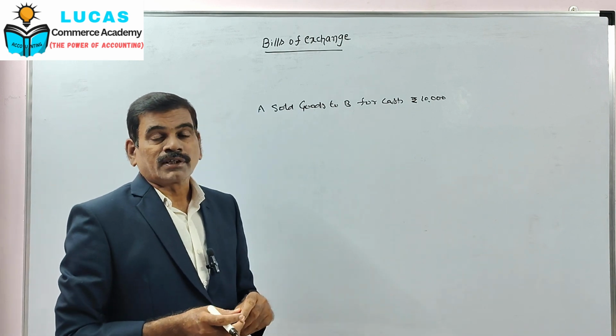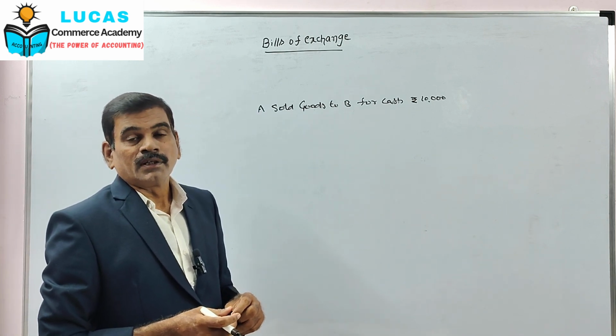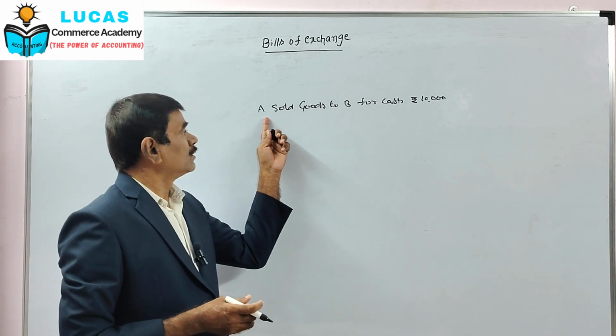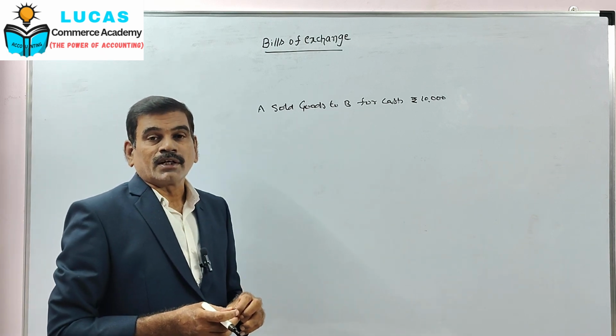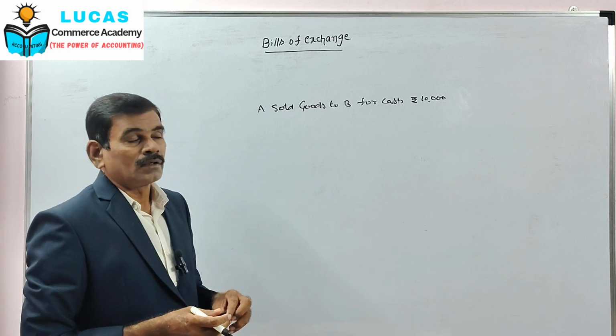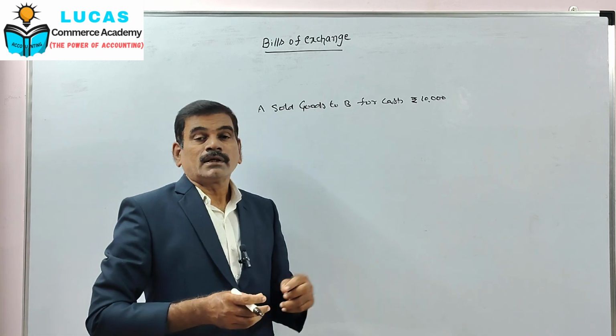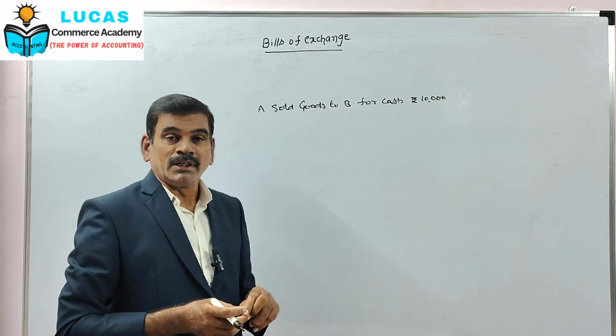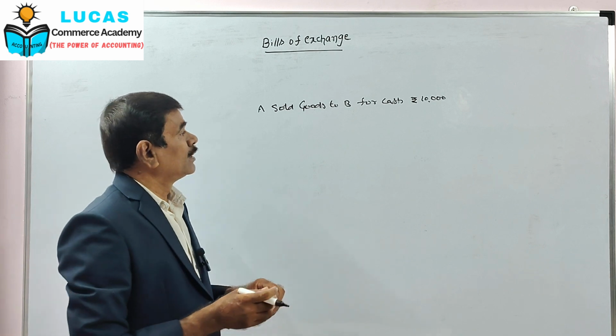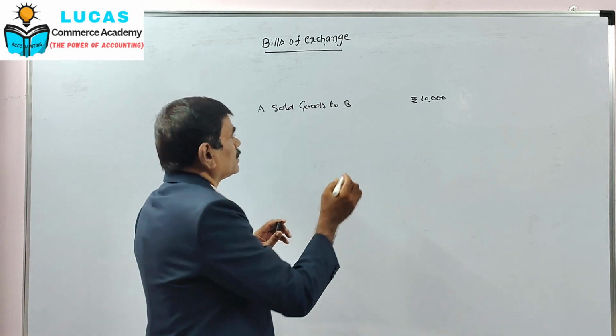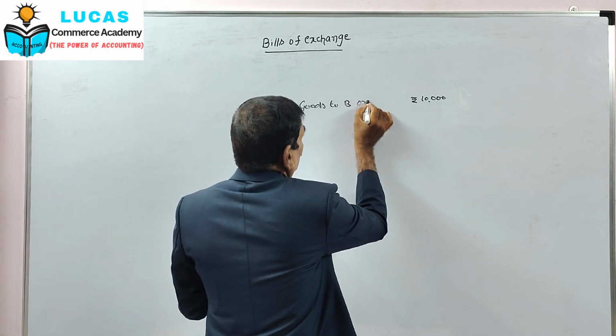So this is the cash transaction. In this transaction, A receives cash immediately from B and B takes the delivery of goods immediately. Another example is goods sold to B on credit.